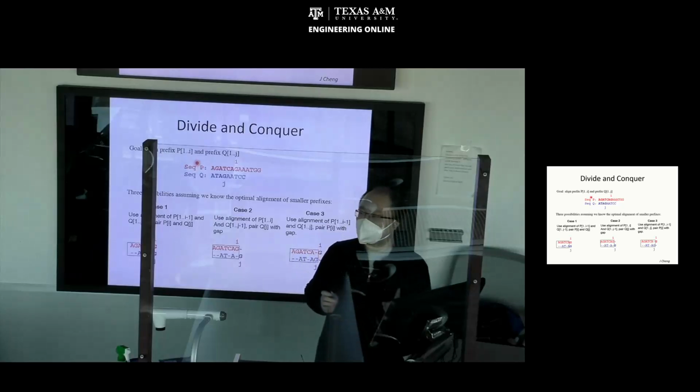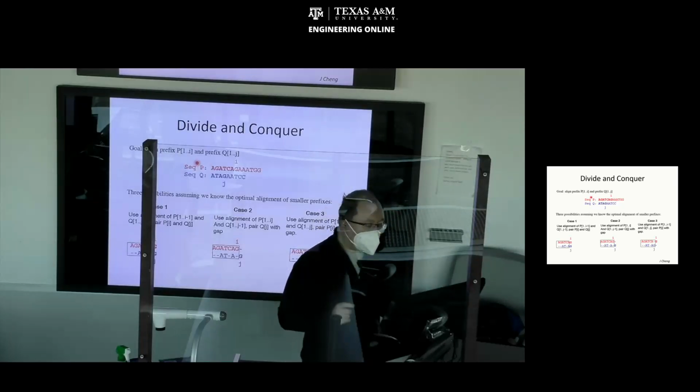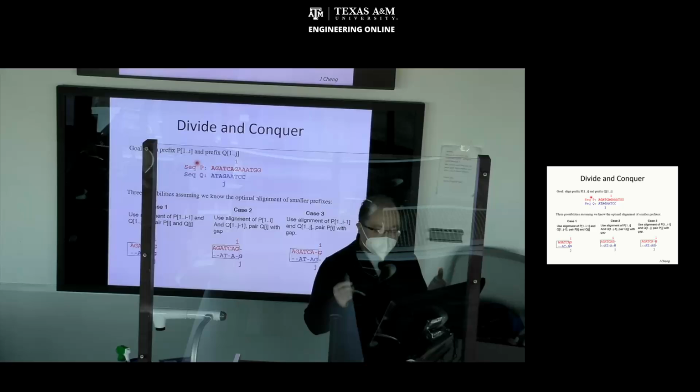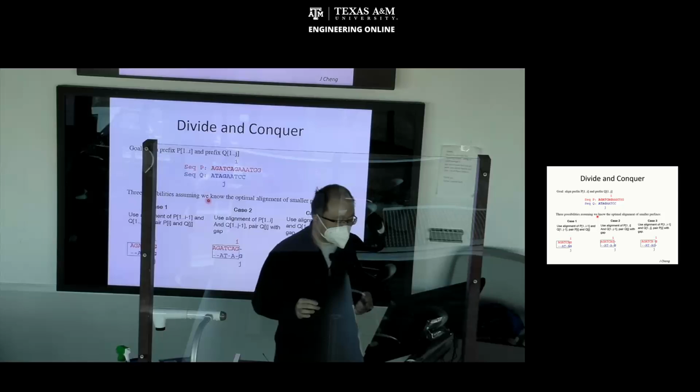If, I'm saying if, okay? If I know what's the best way to align the two smaller prefixes, in other words, P1 through Pi and Q1 through Qj, then there are three possibilities, okay?